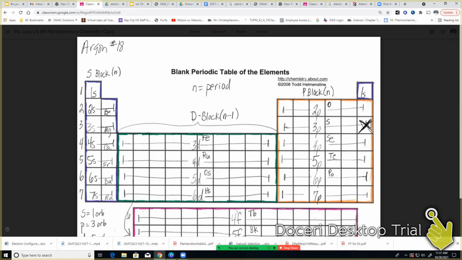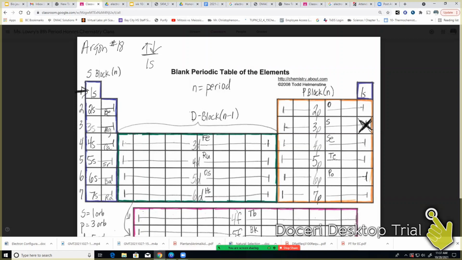So I'm going to start with the orbital diagram, and you always start at the very beginning, so it gets very repetitive. The first thing that I have is 1s. Since it's an S, it'll just have one line. And it's before the element I'm interested in, so it's full.